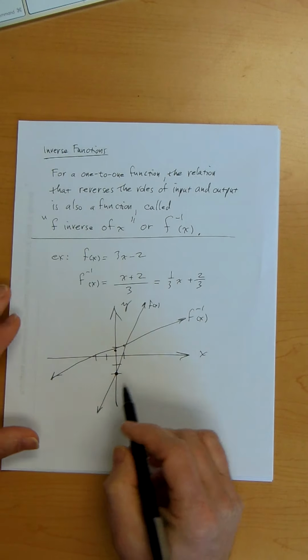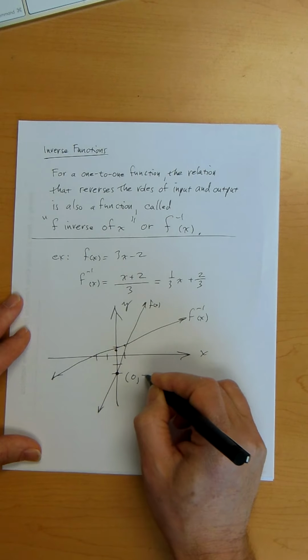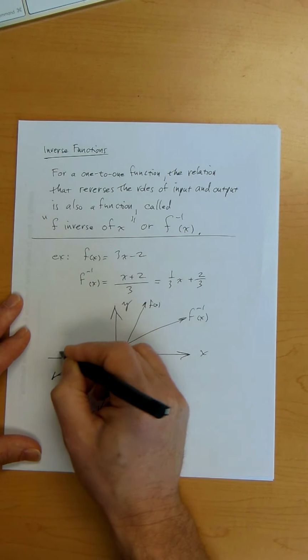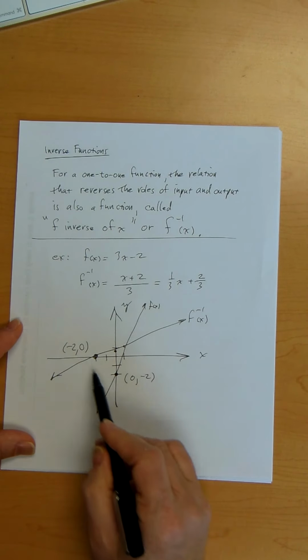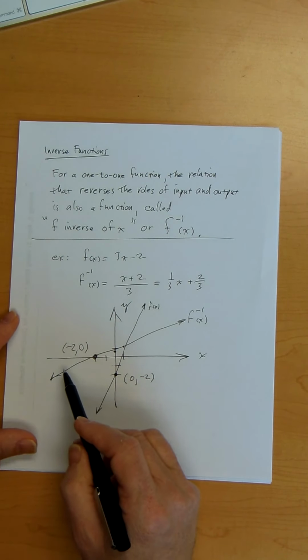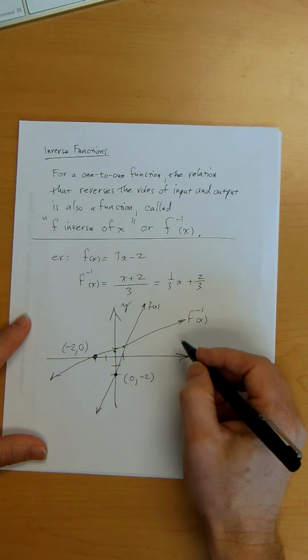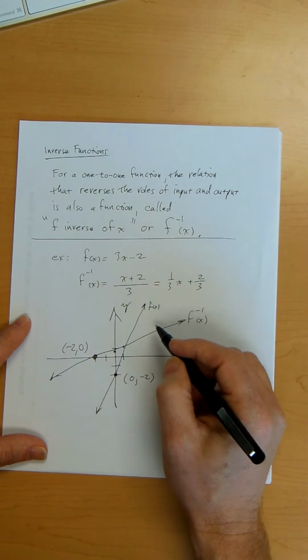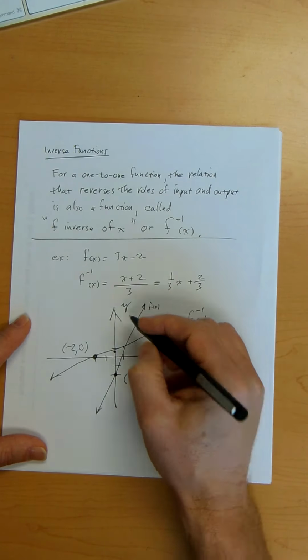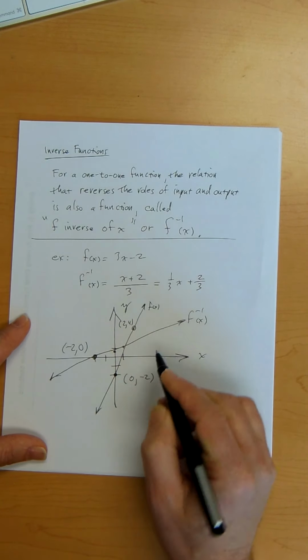An interesting point about inverses, if this one has a point (0, -2), then the inverse will have a point (-2, 0), because they just reverse x and y, right? There'll be a point on f, for instance, 3x minus 2. Let's see, I think (2, 4) is a point there, right?